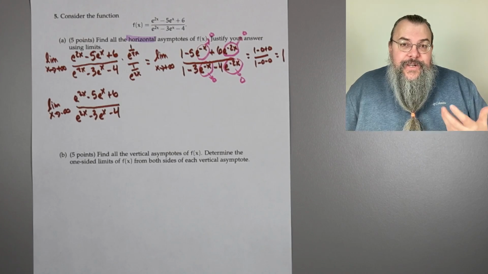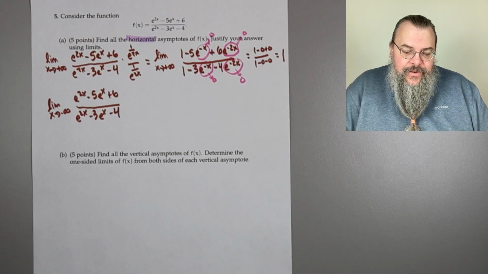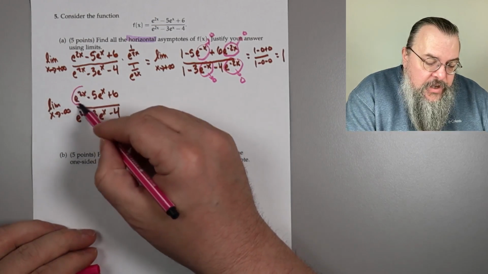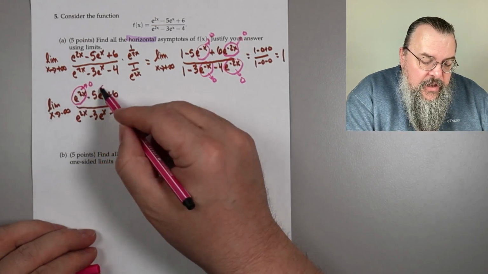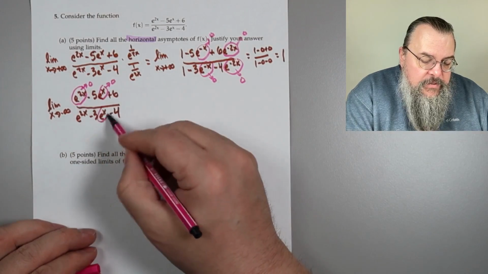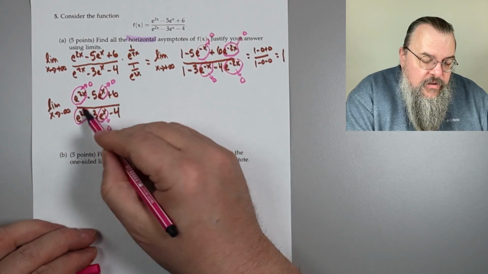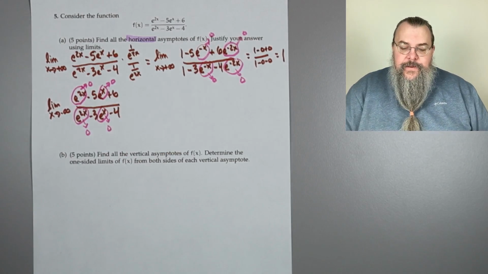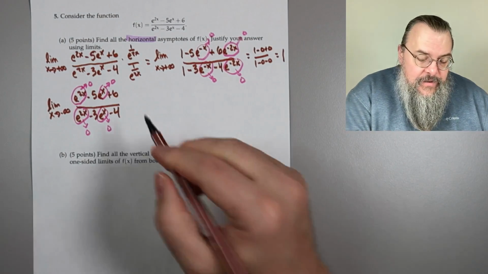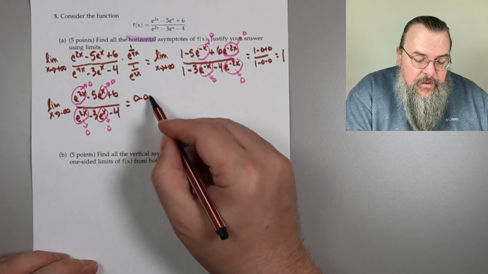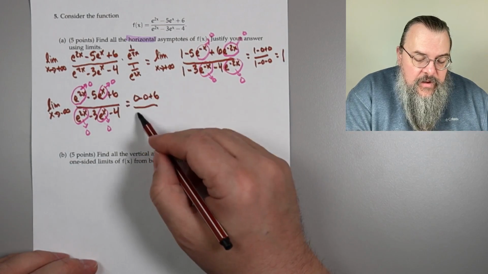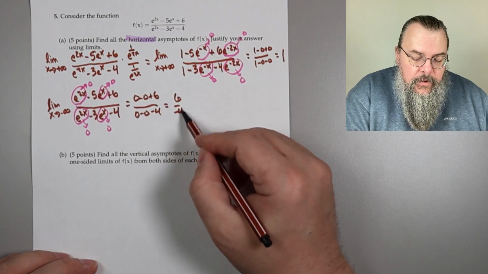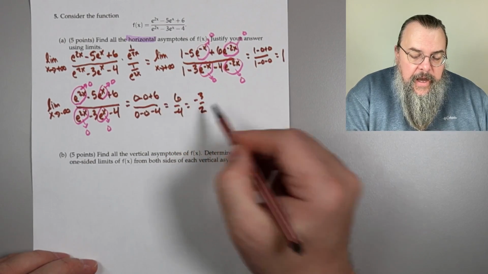So the exponential is going to 0, same thing with e to the minus 2x. We don't need to pump the brakes because nothing's blowing up. Everything's going to 0, well, not the end pieces. So upstairs we get 0 minus 0 plus 6, and downstairs 0 minus 0 minus 4, or 6 over negative 4, or negative 3 halves.